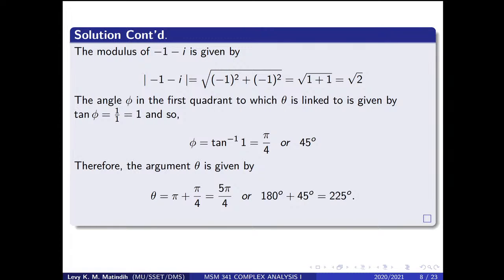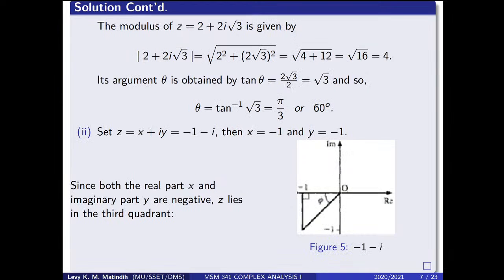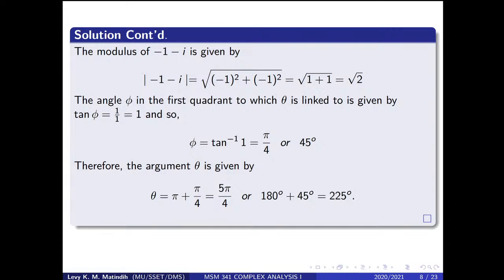And the angle theta, which this complex number makes with respect to the x-axis, when we solve, what you're going to get is 225 degrees, which in radians is 5 pi over 4.